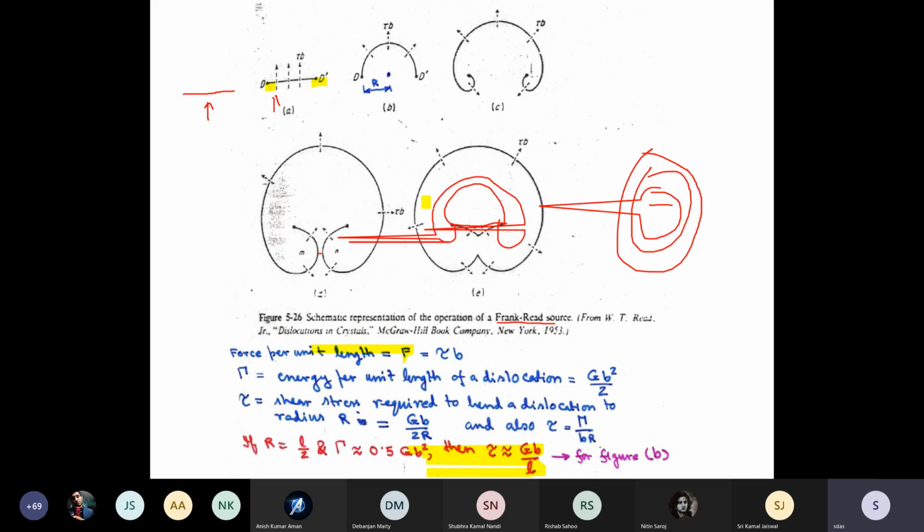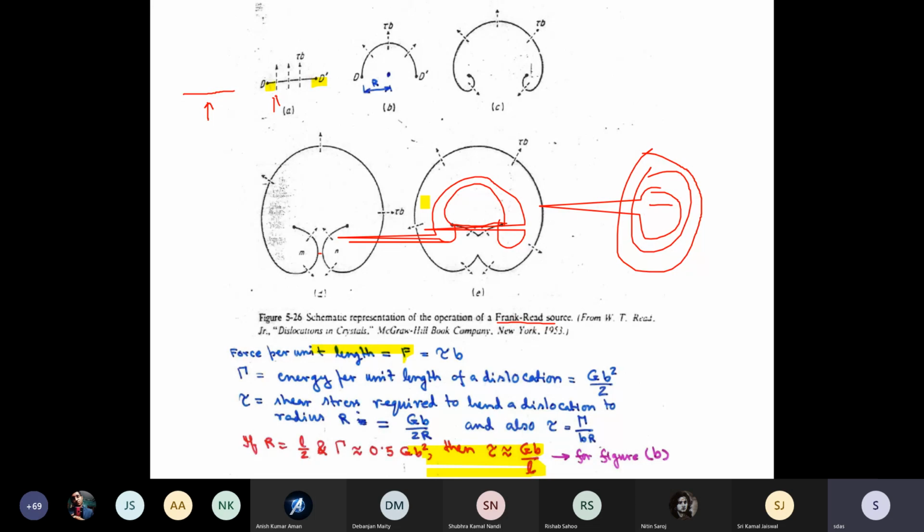So how can you increase the strength of the material? If the tau required to bend the dislocation becomes very large, it will be very difficult to bend the dislocation, so plastic deformation will not take place. So the equation is tau is equal to GB by L, where L is the distance of separation between two precipitates lying at D and D dash.